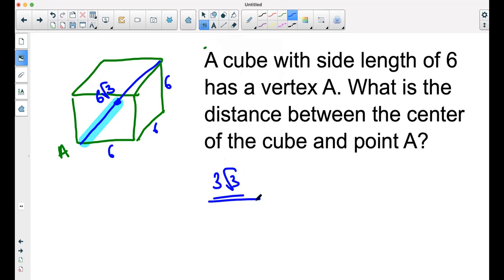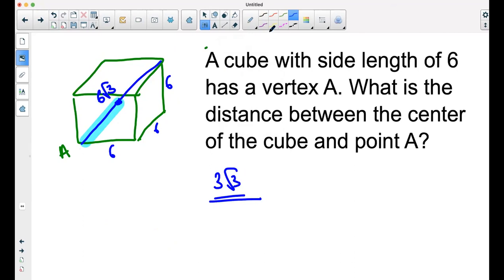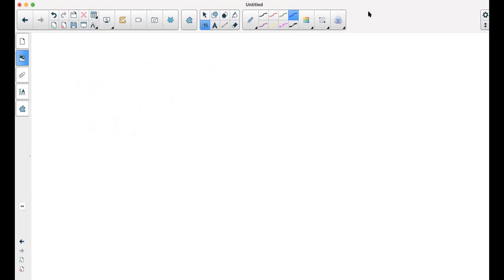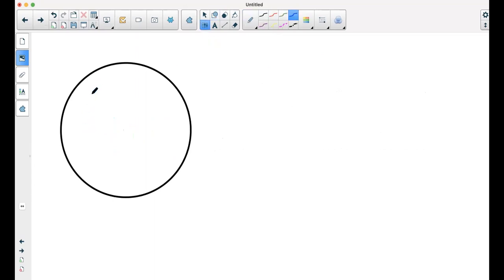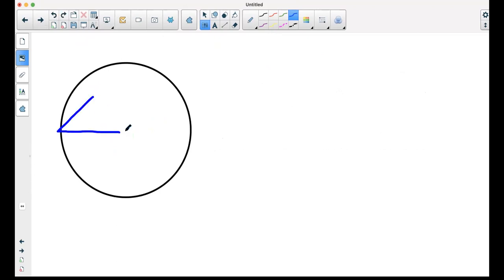Okay. So let me get you another question that can help you understand this idea a bit better. How about this, guys? I have a sphere, and then I have a cube.